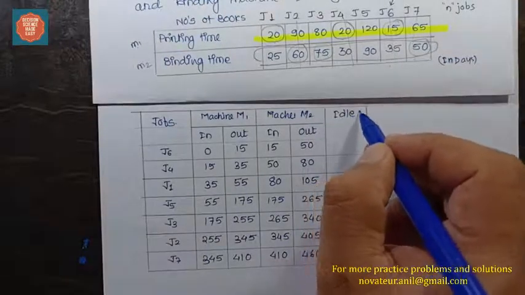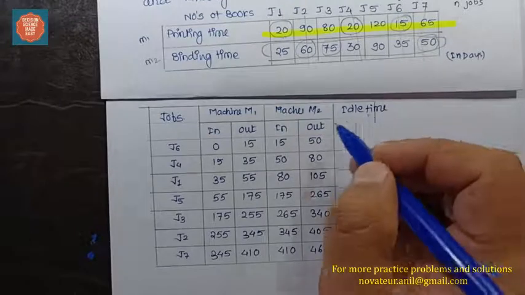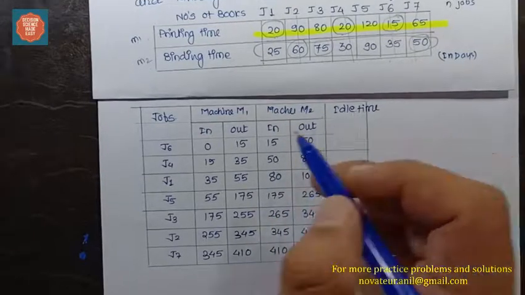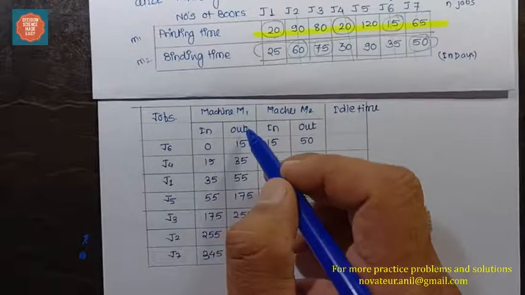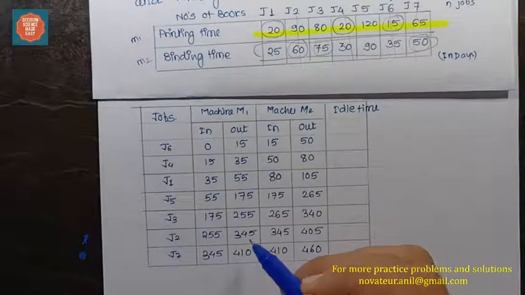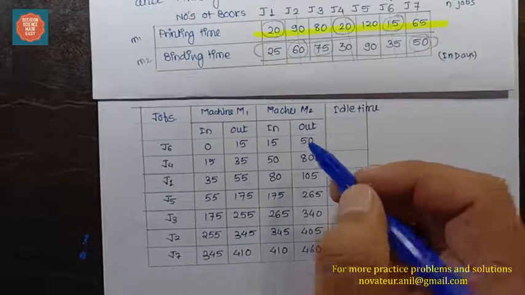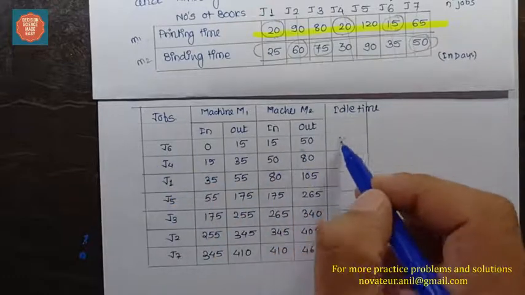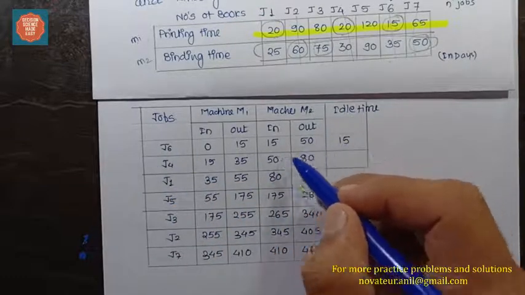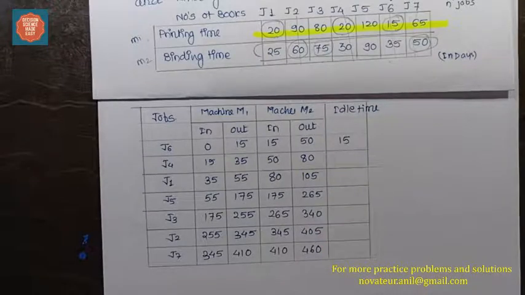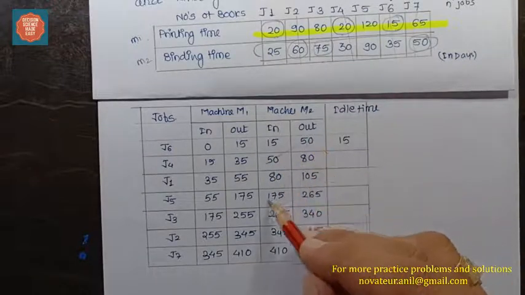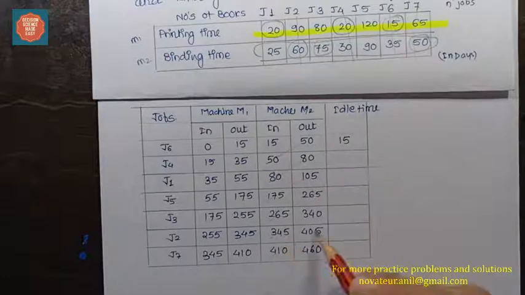The last column remaining is idle time. This is nothing but idle time for machine M2. Since M1 is processed first, there will be zero idle time for machine M1. Idle time for machine M2 can be found like this: the first job is taken at 15 days. Next I'll just check diagonally. This is a layman process I'm telling you.